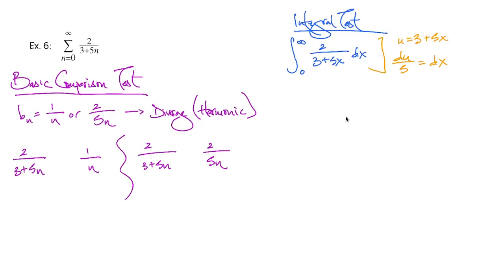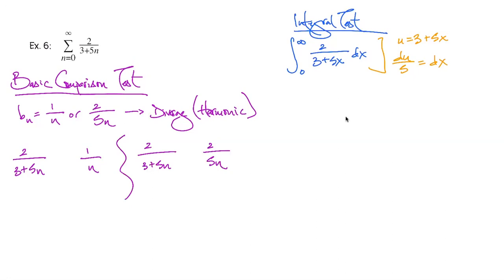Which one do we want it to be? If we know that our b sub n diverges, the only way the comparison test will tell us anything is if the one we know, the b sub n, is actually smaller than the one we're given.